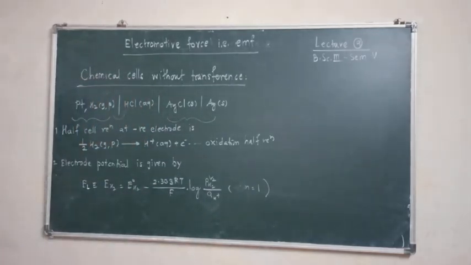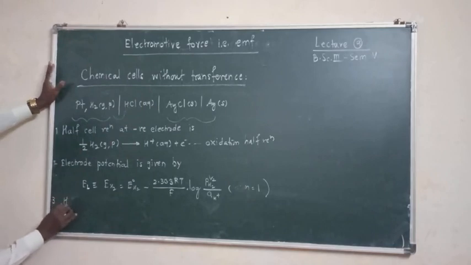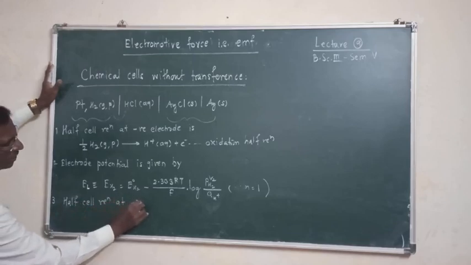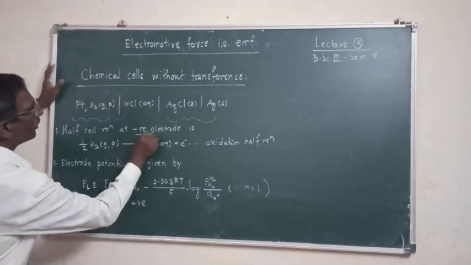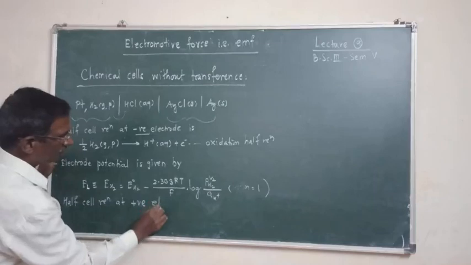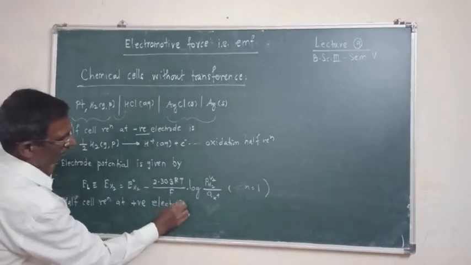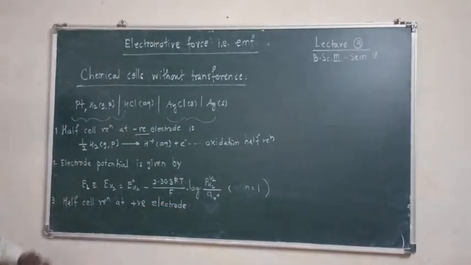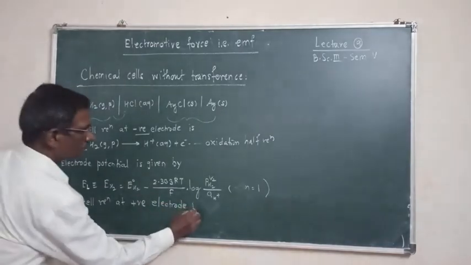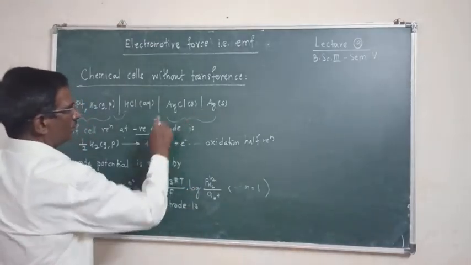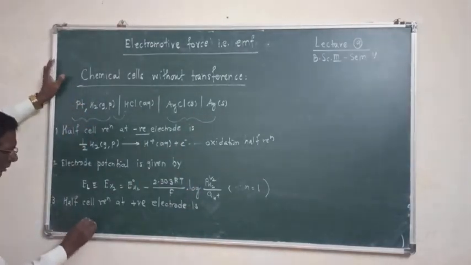Then the third step is the half cell reaction at the positive electrode. The half cell reaction at the positive electrode is AgCl.